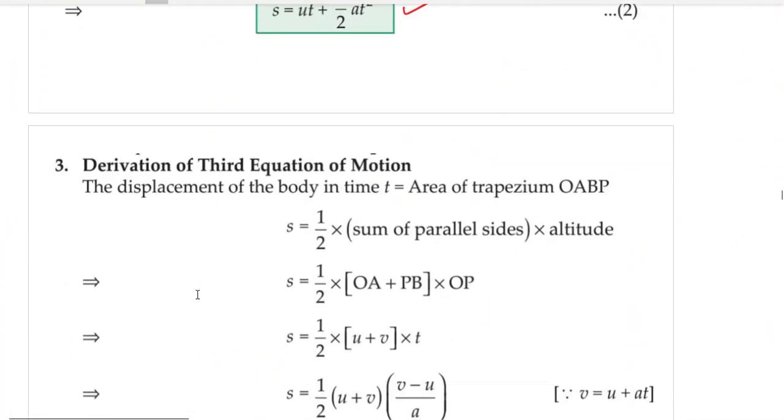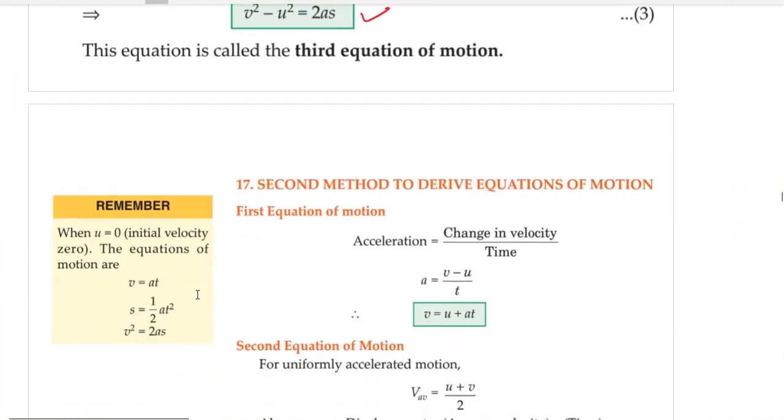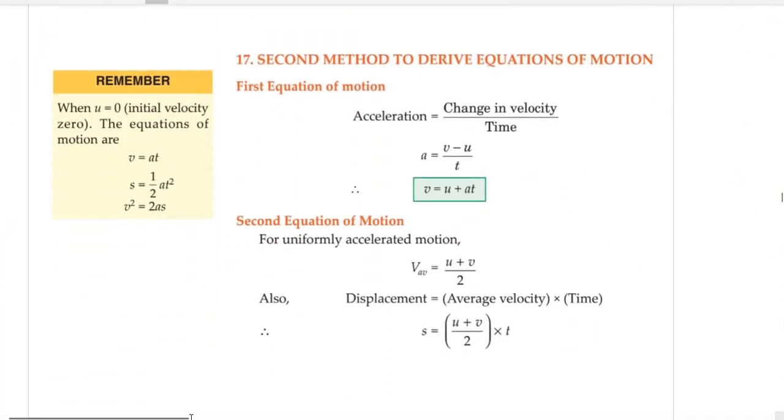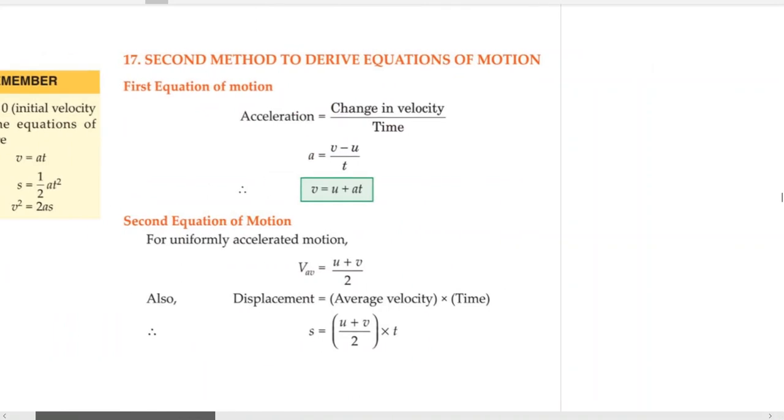Now, after derivation, see they have also derived it over here the same way. After graphical derivation of the three equations, this time we are going to derive them algebraically. This is the algebraic method for derivation of the equations, right? Let's start. The algebraic method is easy. There is no need for any graph.